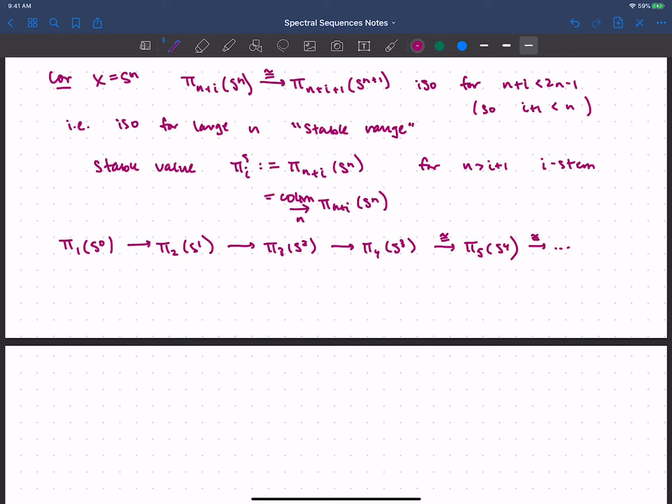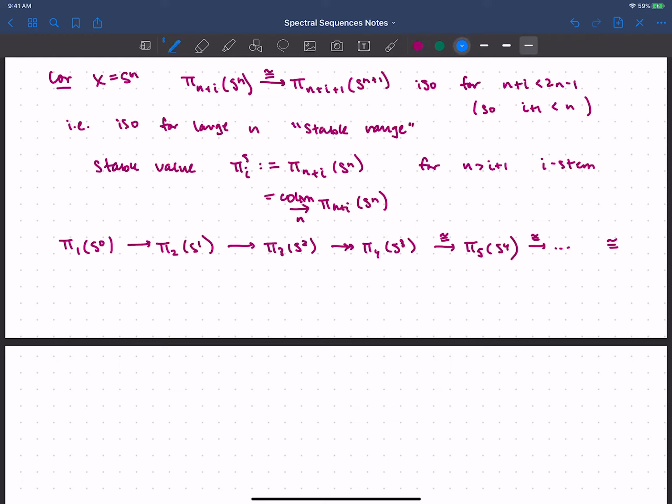And then my n is only greater here, so my i is still 1. Really, i is just the difference between the index and the sphere dimension. Okay, so i is still 1, but my sphere is even larger, so I'm well into the stable range, and this is an isomorphism forevermore. And from our Freudenthal suspension theorem, we know that the previous spot is the surjection.